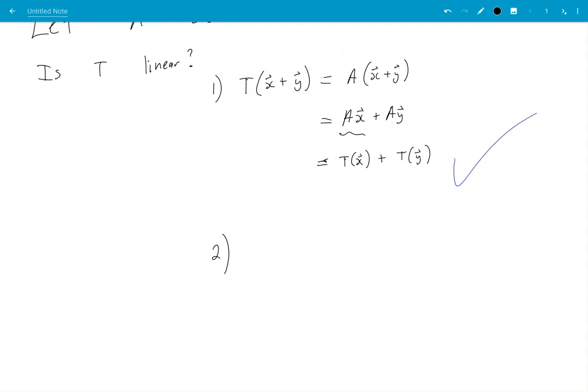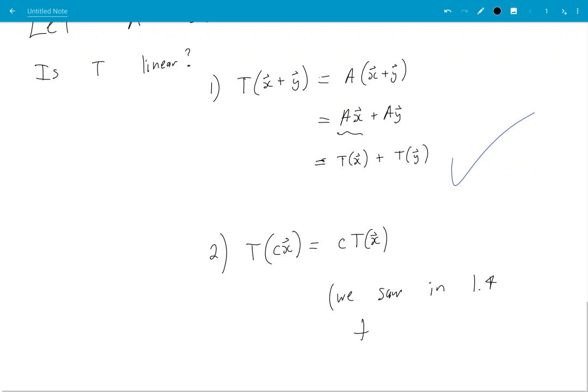2. T of c times x. Okay, that is indeed c times T of x. And I'll just say we saw in 1.4 that this is true.